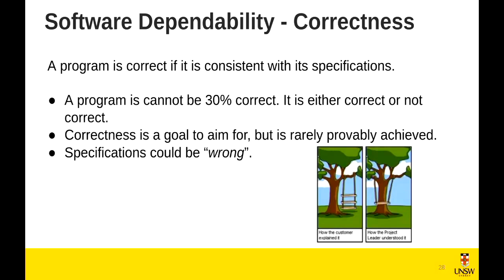And that is not because the program developed by the developer is not correct. And that is probably because the programmers were told with wrong specifications. And the programs align with the specifications, but the specifications may not reflect what exactly is needed by the customer or the real world. So specifications could be wrong.